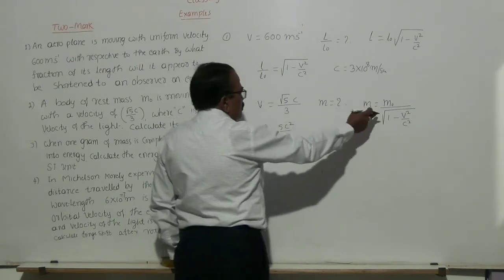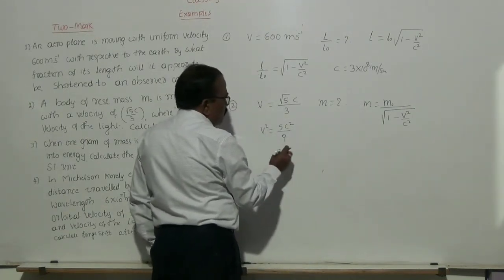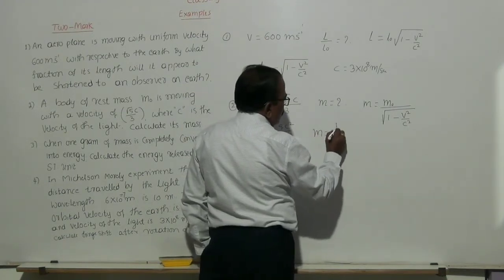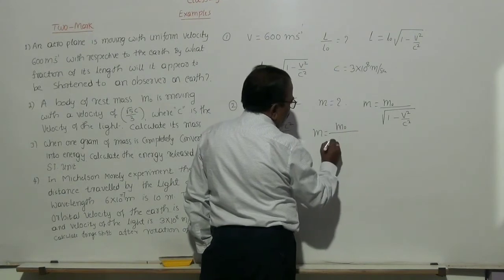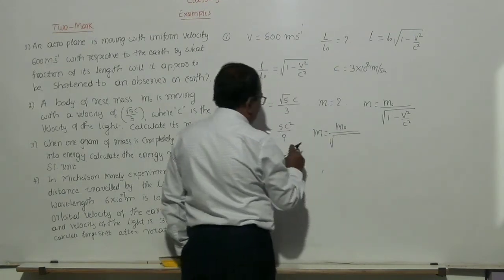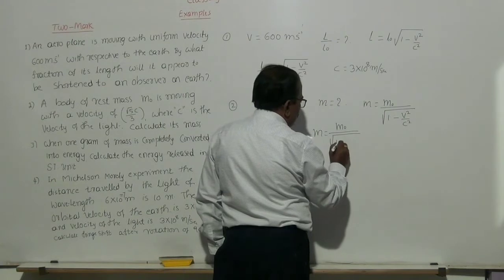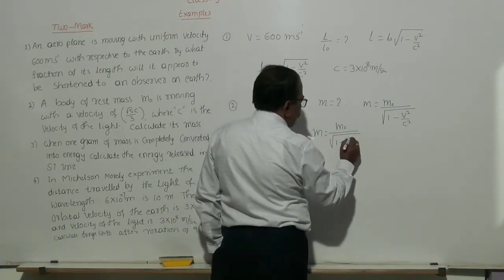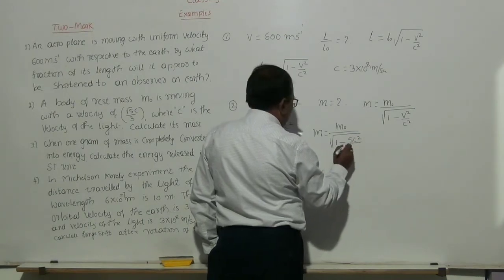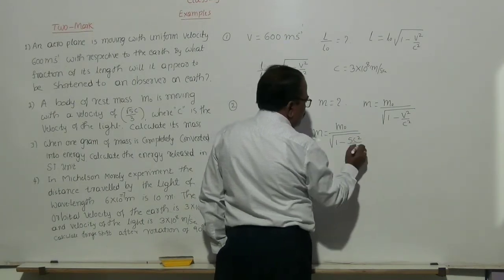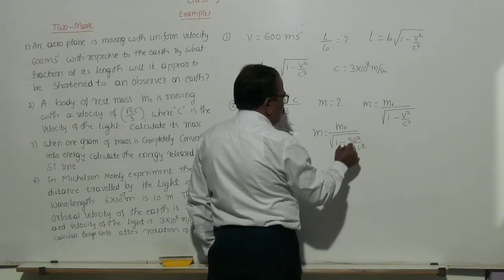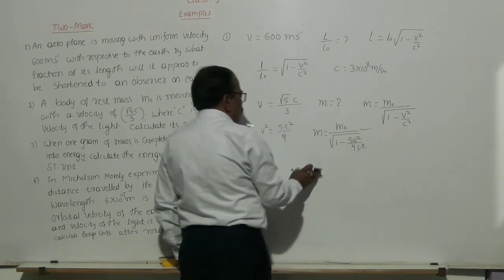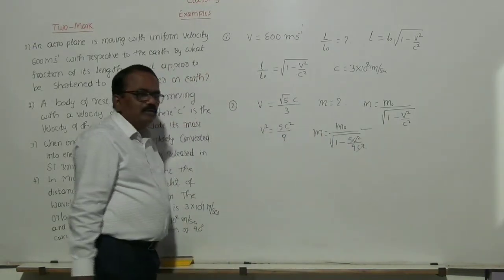Then you substitute in this formula. This is your m is equal to m naught divided by square root of 1 minus, for v square you are writing it as 5c square upon 9, and this c square gets cancelled. So you calculate m in terms of m naught.